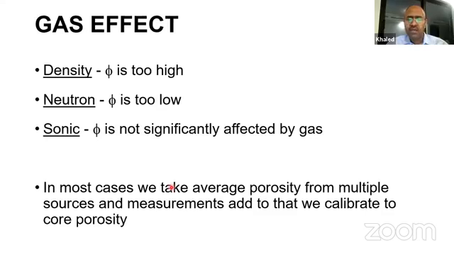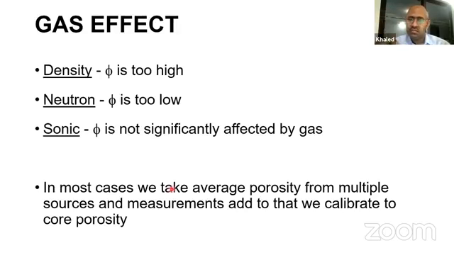So there is one big challenge if we have gas in the formation. If you have gas in the formation, when you look at your density, the density reading will be very, very low. You have gas, okay? If you have this gas, when you calculate the weight, it will become very, very low. When the density is very low because of gas, and if you don't know it, you think you have very high porosity. That's why here we say the porosity is overestimated if you have gas.